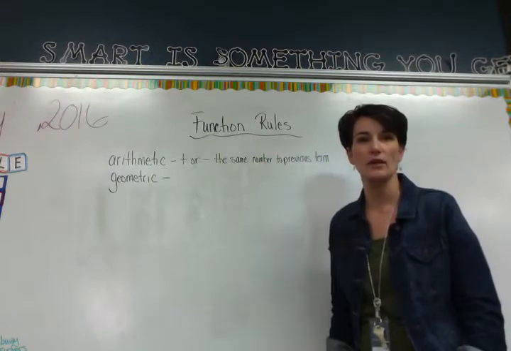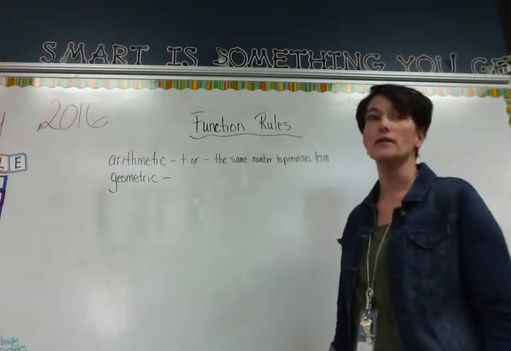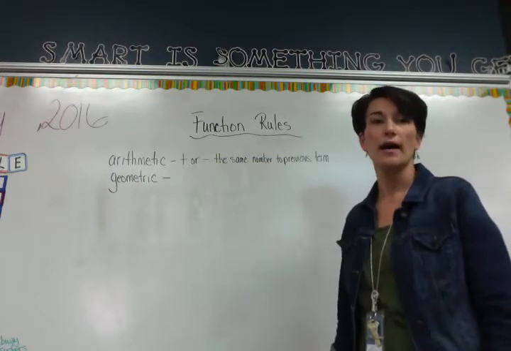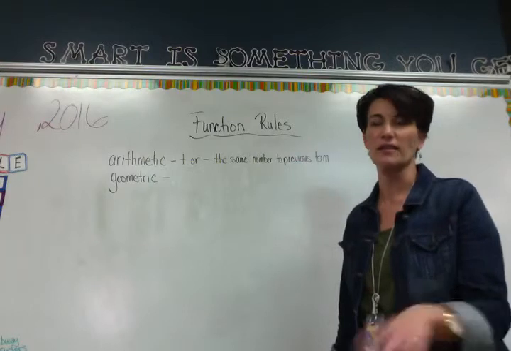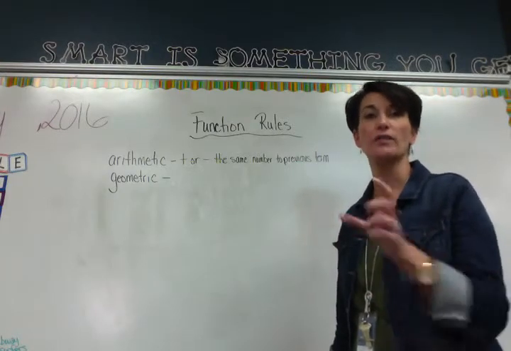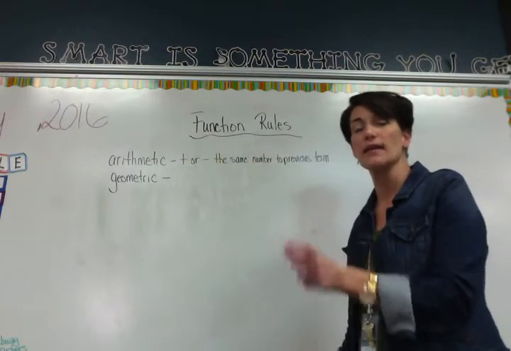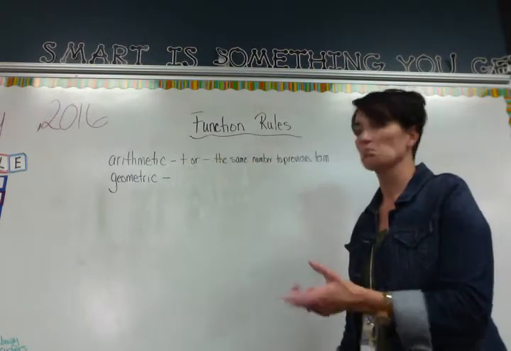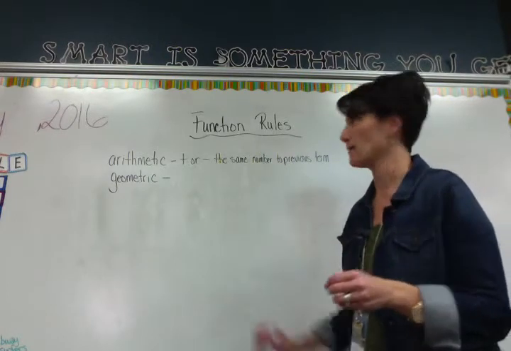These are the ones that we're used to, counting by 2s, right? 2, 4, 6, 8. Counting by 3s, 3, 6, 9, 12. Or even counting backwards by 5s: 20, 15, 10, 5, 0. We're subtracting the same number from the previous term, or we're adding the same number to the previous term. We can handle that.